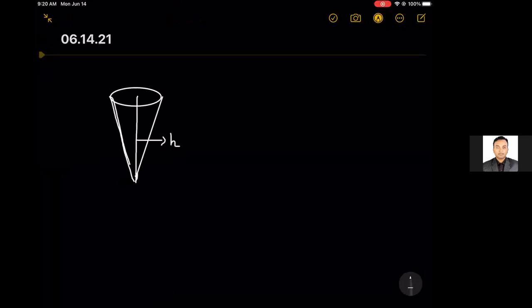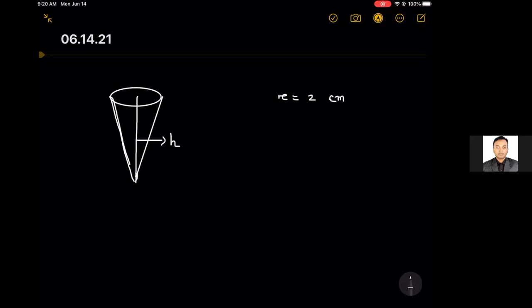All right, and the question says the radius for the circular surface of this is 2 centimeter.